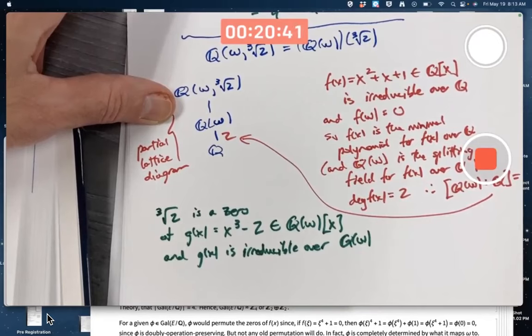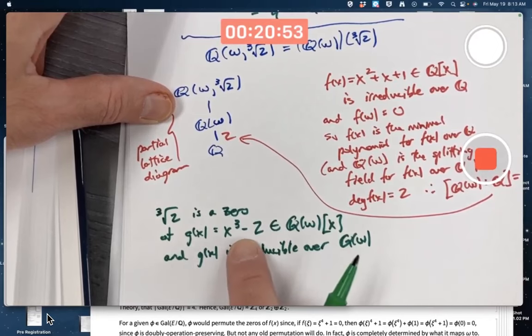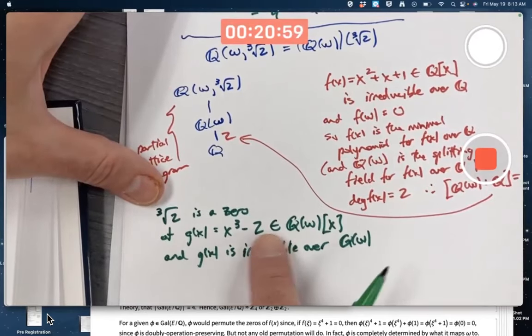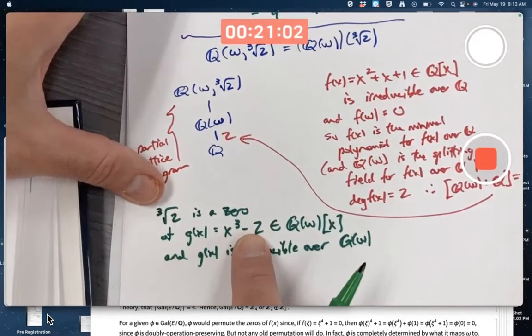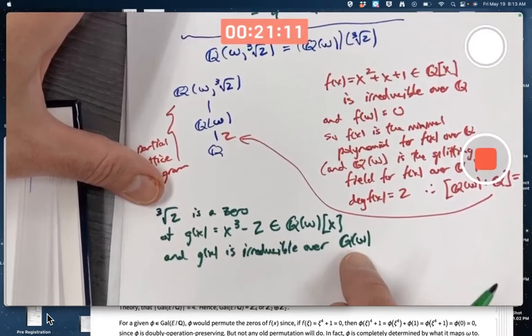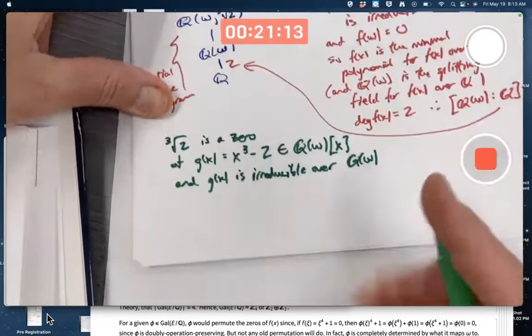Not really, like the Eisenstein or mod p irreducibility test, because that's not Q. But what you could say is you could factor this, and for sure cube root of 2 is not in there. You could show the other roots are not in there, because if you factor it, and this is what we did partially last time because it's a difference of two cubes, you could show the quadratic that's left over has no roots in there either with the quadratic formula. Yeah, we did this last time.